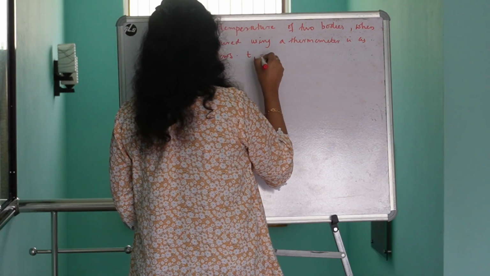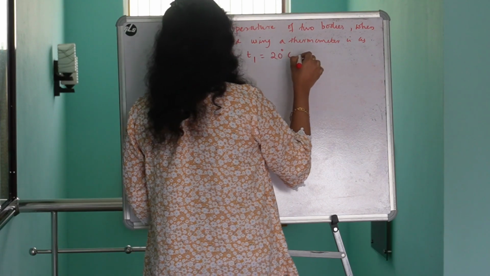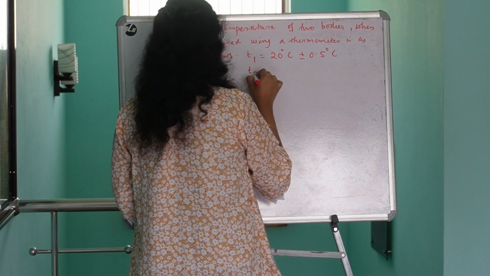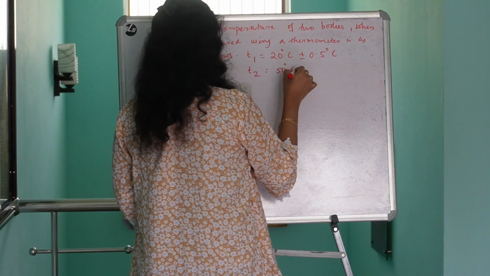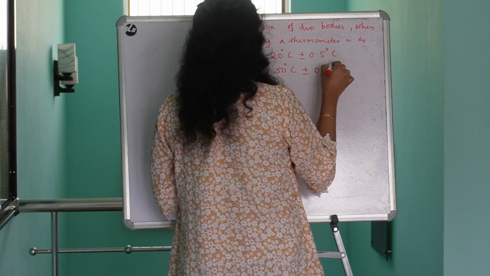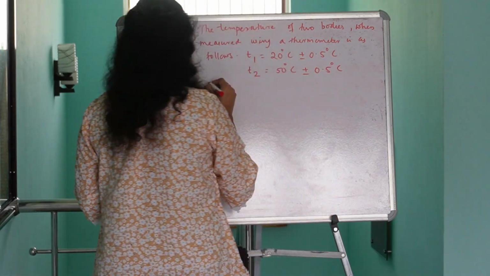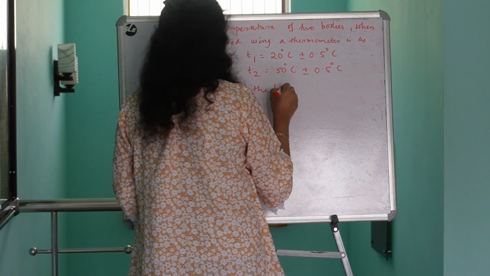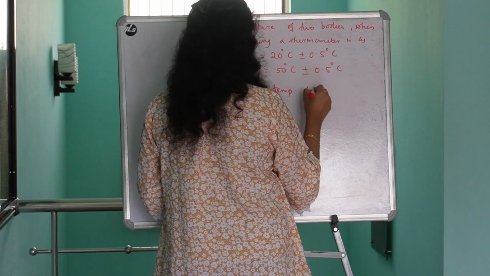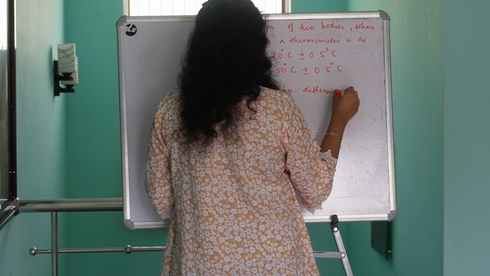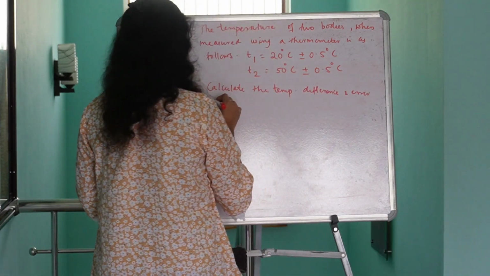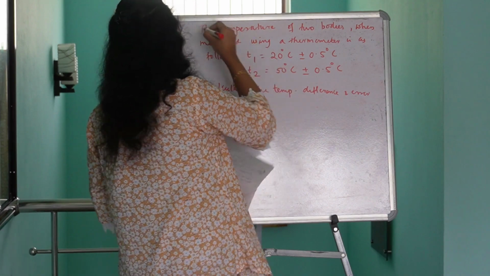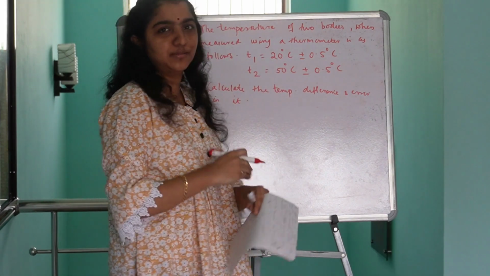Temperature T1 is equal to 20 degrees Celsius plus or minus 0.5 degrees Celsius. Temperature T2 is equal to 50 degrees Celsius plus or minus 0.5 degrees Celsius. Calculate the temperature difference and the error in it. So this question is a very simple question, isn't it?